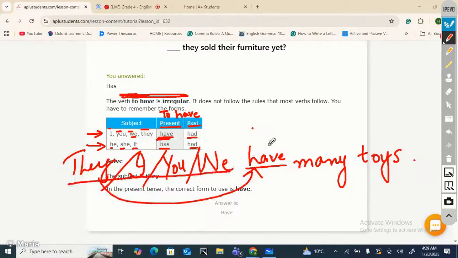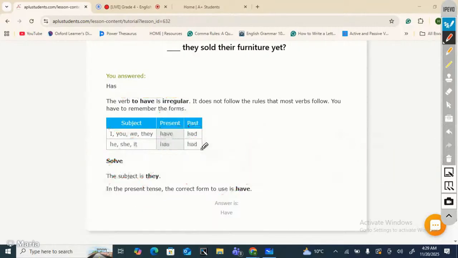So with these four, we use the same to have verb, but with he, she, it, we use a different one. Sammy, you don't need to write these things. You can go through the chapter again if you want to learn it. Everything is mentioned here on A plus.